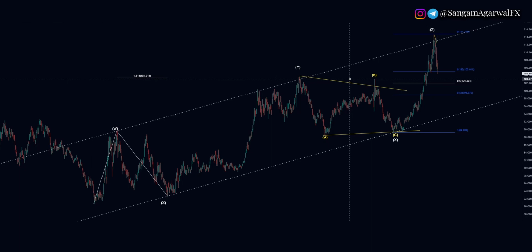because last week the most important thing that changed everything, that increased the possibility that this is your dollar top, is that FOMC members are now talking about a new inflation target.